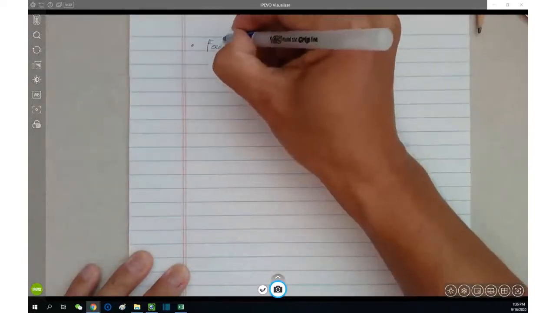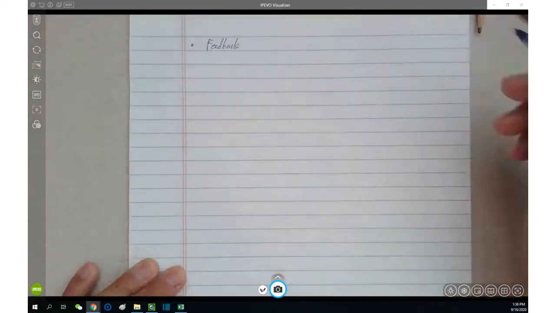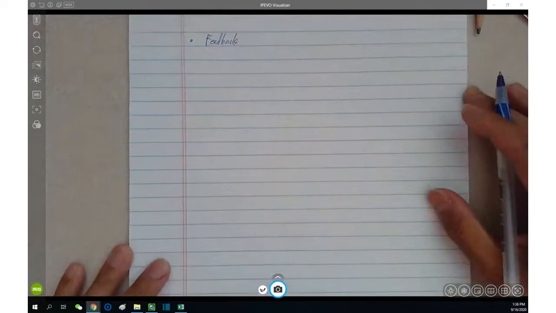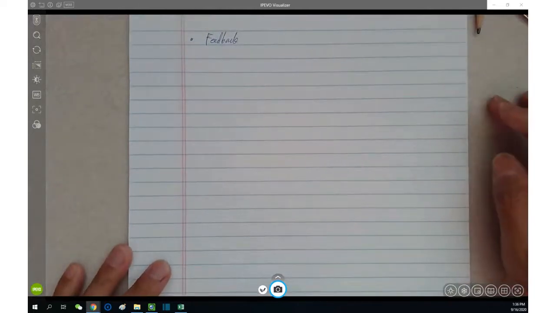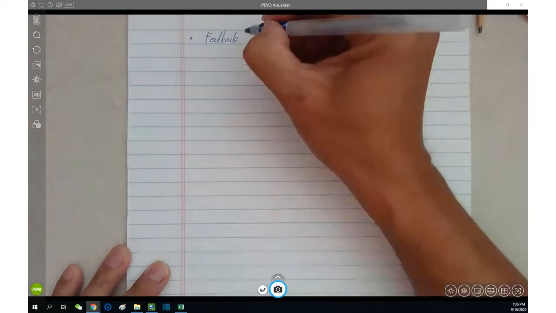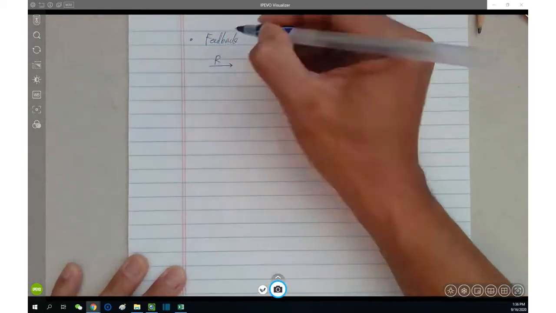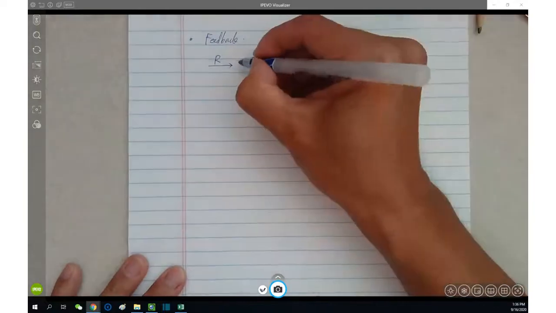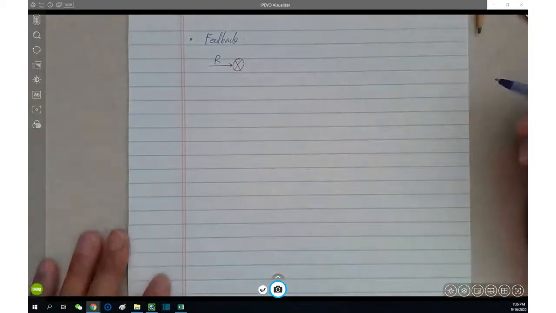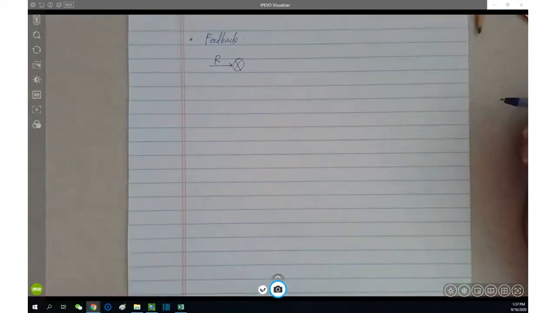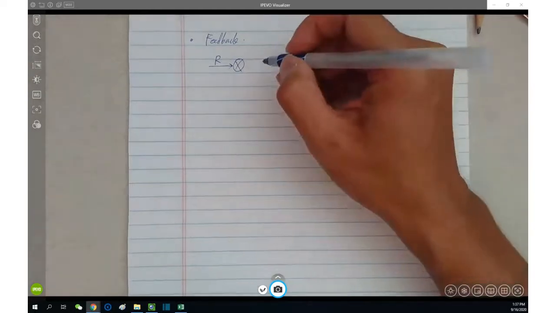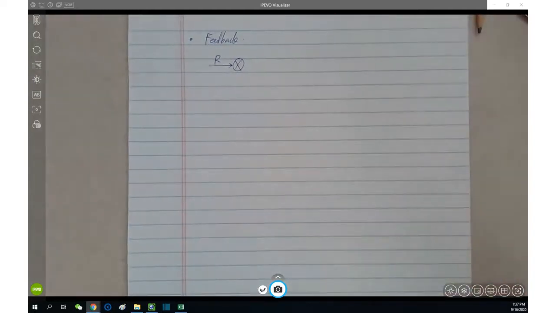Feedback is one of the basic connections, one of the basic block diagrams. What does feedback look like? One signal, defined as R again. In parallel, the signal goes into a peak-off point, right? However, in feedback, the input goes into a summing junction. This is the major difference between these two. It's very easy to confuse these two.